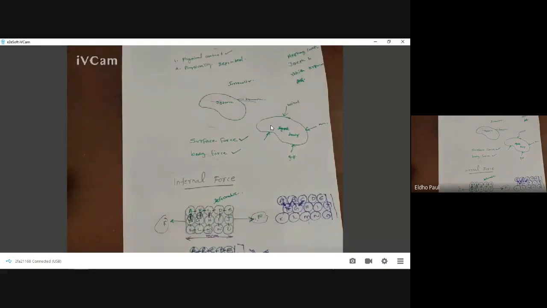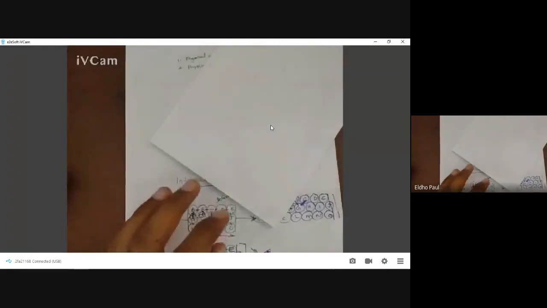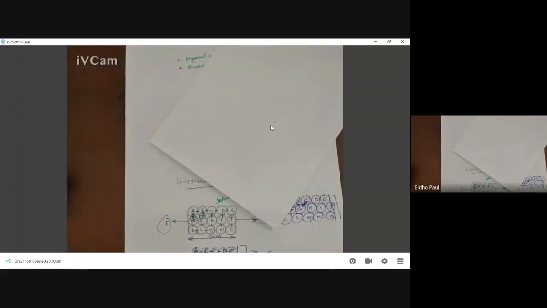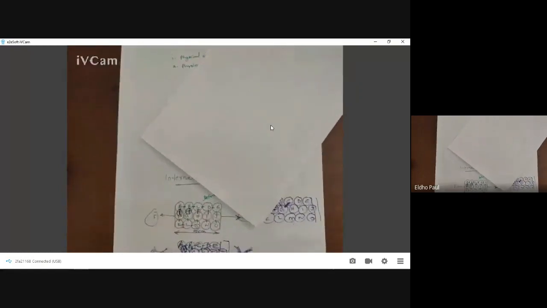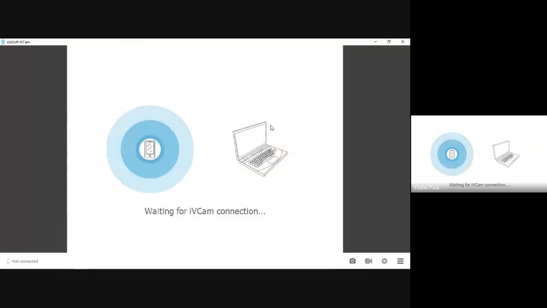Next, I'm explaining some of the assumptions and the limitations commonly used in mechanics of solids. There are some assumptions and there are some limitations for these assumptions.